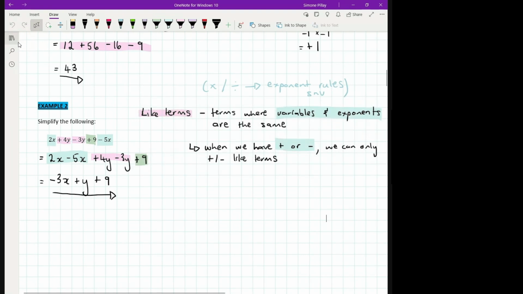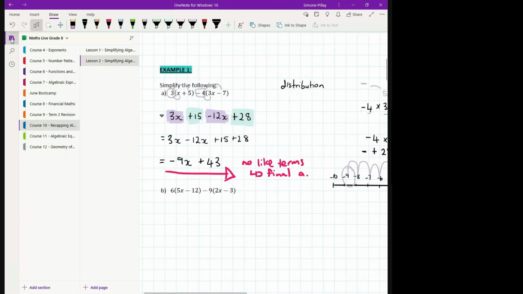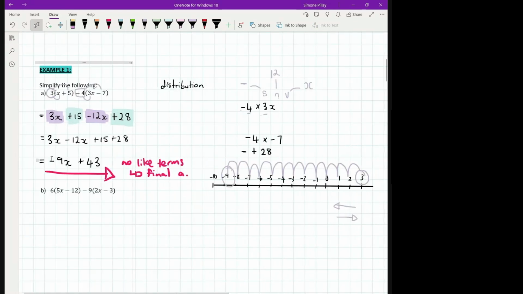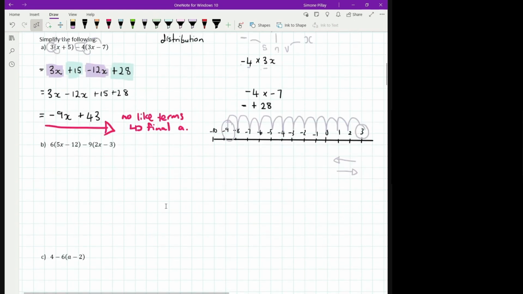If I look back at today's lesson, do these have the same exponents and the same variables, Bree? No, they don't. So can we actually add and subtract them? No, because my rule is I can only add and subtract like terms. Happy? Yes, ma'am. Thank you. Pleasure. Cool. So that's that.